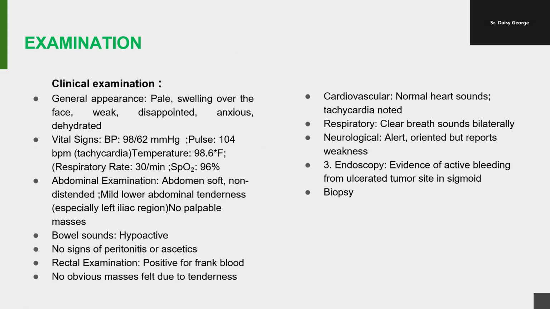Examination. The clinical examination: general appearance pale, swelling over the face, weak, disappointed, anxious, dehydrated. Vital signs: BP is 98 by 62 mm Hg, pulse 104 beats per minute, tachycardia, temperature 98.6 Fahrenheit, respiratory rate 30 per minute, SpO2 96%.